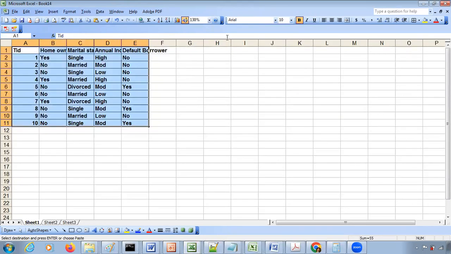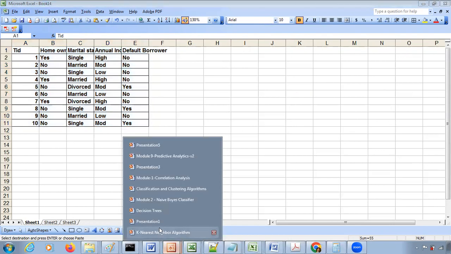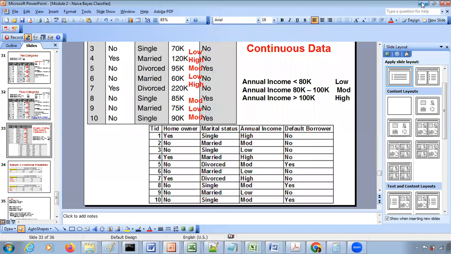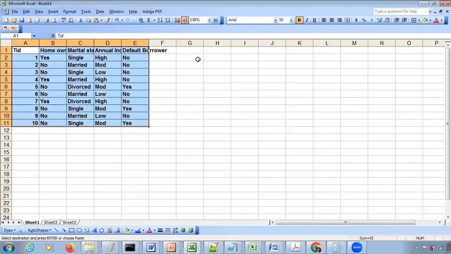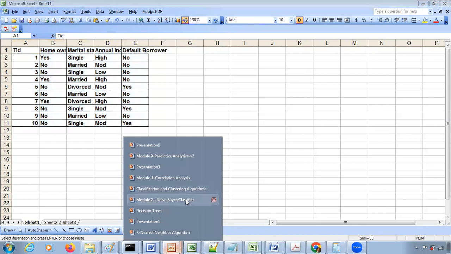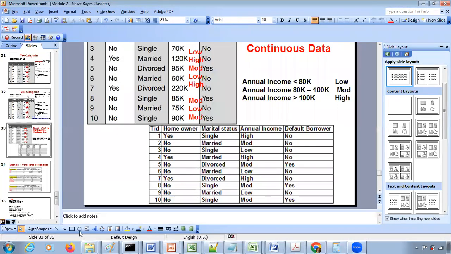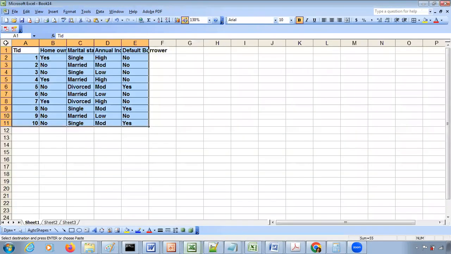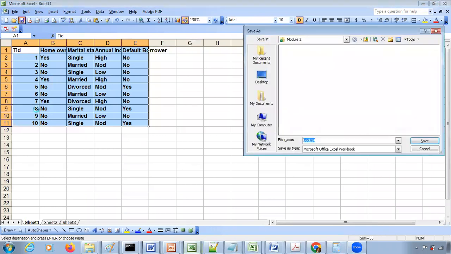Okay, let me make sure I have the same classification: high, moderate, low, high, moderate, low, high, moderate, low, moderate, low, high, moderate, low. Very good. All right. So save this first.